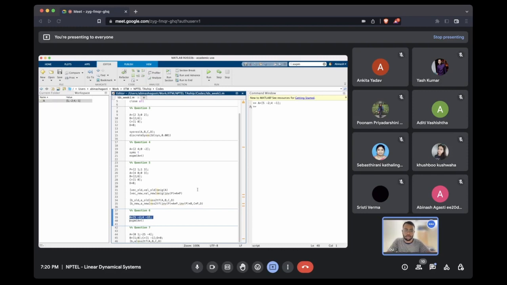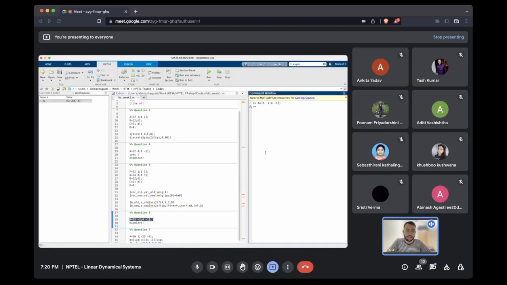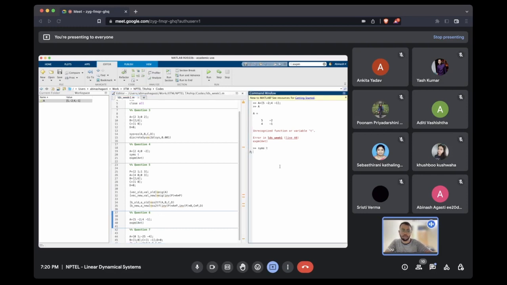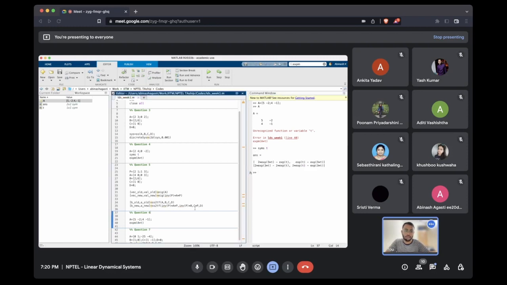So I have A is equal to 5, 4, minus 2, minus 1. Then I want to find out the matrix exponential. Alright. So, okay, we do this and then this. So this is the matrix exponential that we get.